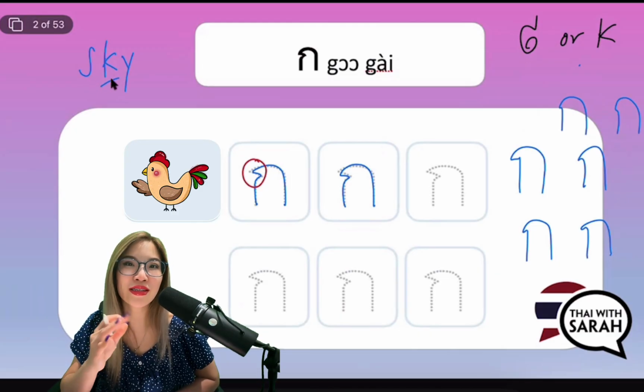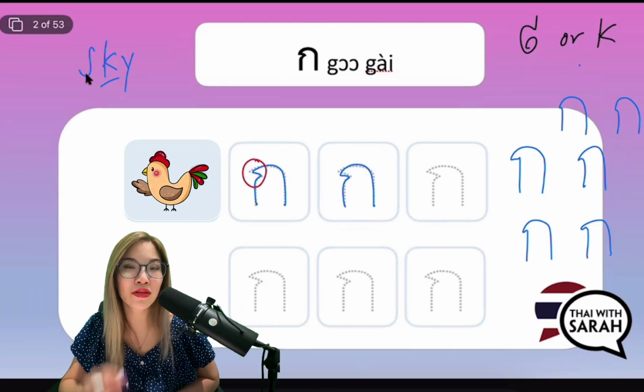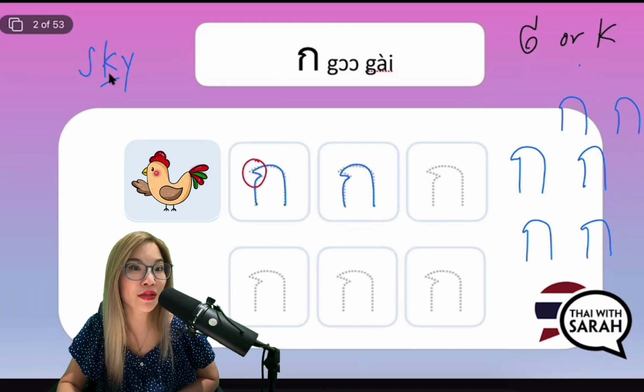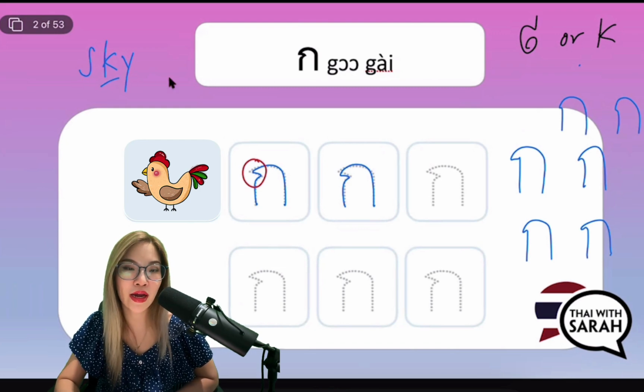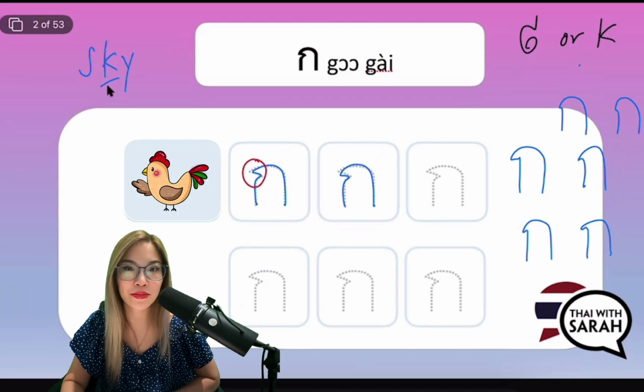We don't say sk-ky with a puff of air. Because the S stops the aspiration, it comes out as sky. So K in the word sky is really close to the Gokkai sound in Thai. Or maybe K in an unstressed syllable like marker or parker. That's really close to the Gokkai sound in Thai.